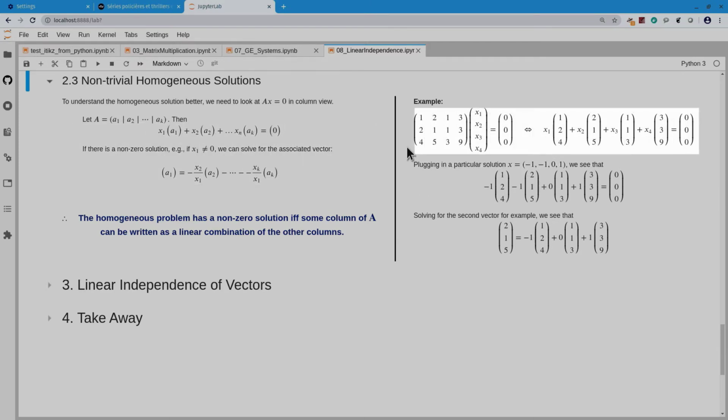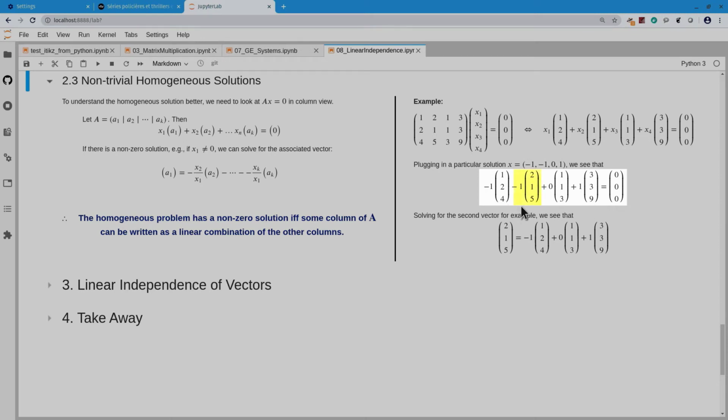To make it clearer, here's an example. So I start with Ax equals 0. I represent it in column view. Here it is. And I solve the system. Among others, I see a solution -1, -1, 0, 1. If I plug that solution in here, what I see is -1 times the first vector, -1 times the second vector, plus 0 times the third, plus 1 times the fourth, indeed add up to 0.